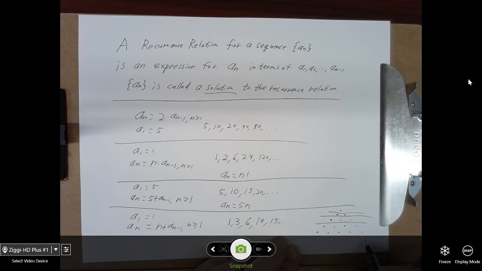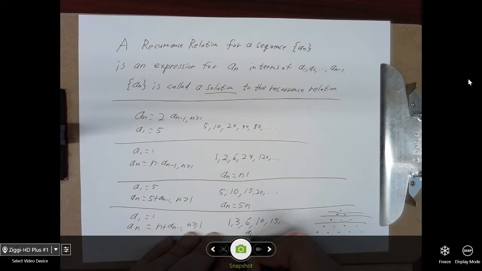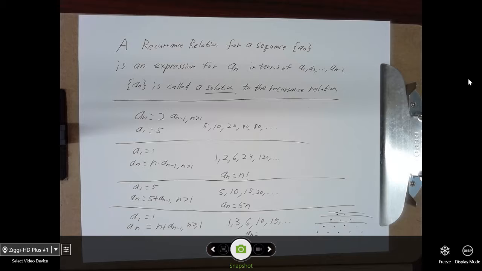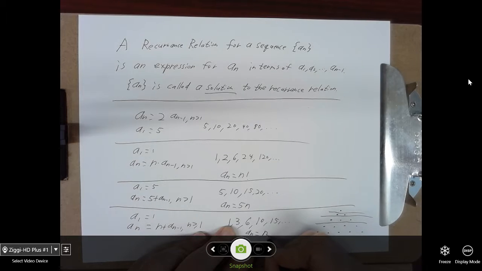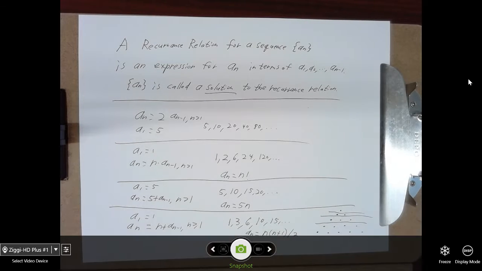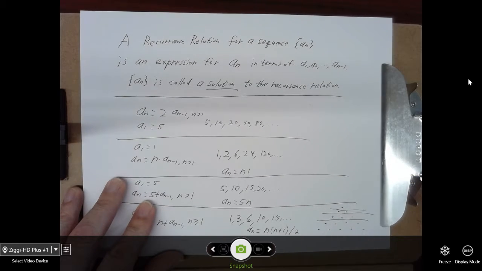If you go down through this whole triangle, there's going to be 15, and so on. And the formula for this, anybody know this? N times n plus 1 over 2, good. So that's a general formula for triangle numbers.